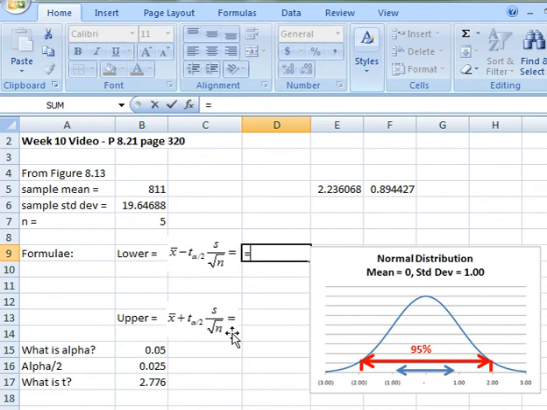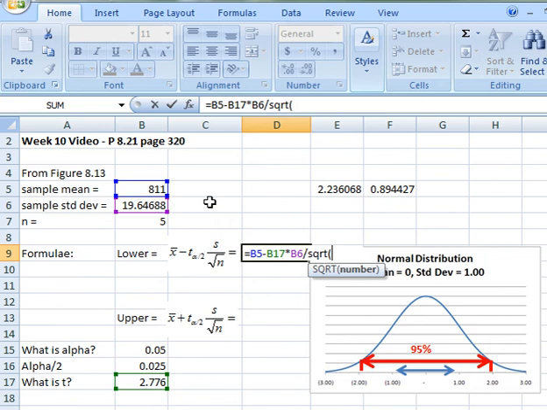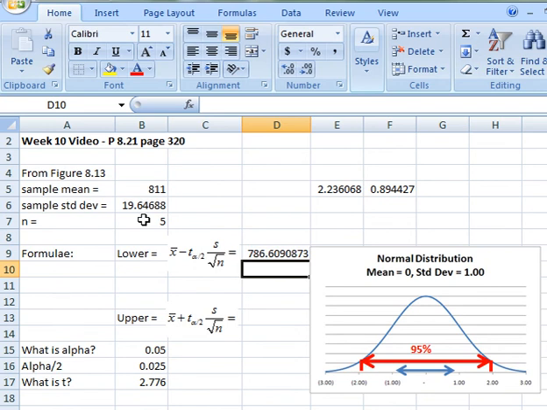So it's going to be equal to x bar, which is 811, minus the T alpha over 2, which is 2.776, times S, which is that value right there, 19.6 whatever, divided by the square root of 5. And we get 786.609.